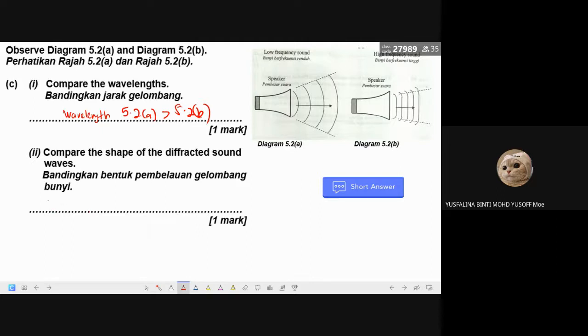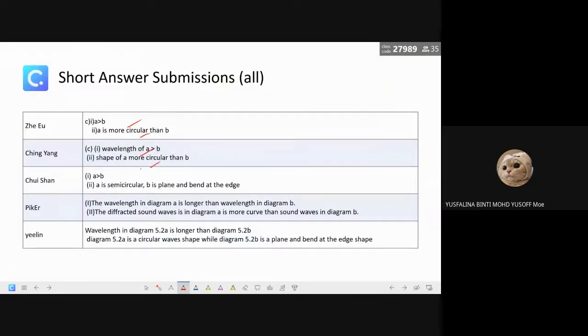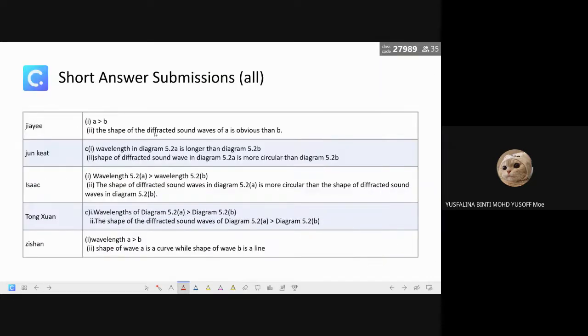So that's the answer. Okay, more curve. You have to put the shape, so it means, sorry, circular.